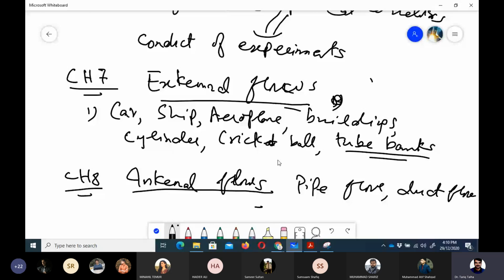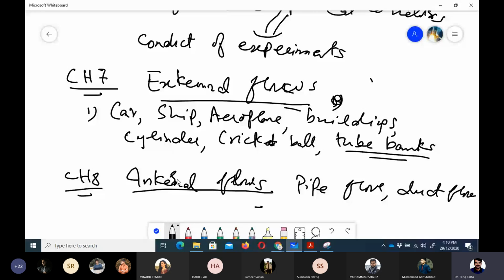Okay? So in chapter number 7 we would be discussing external flows, and in chapter number 8 we would be discussing internal flows. So the same two chapters for the fluid flow analysis you would be studying in FM2, right? At the moment you are on chapter number 7. After that, chapter number 8, which is internal flows.